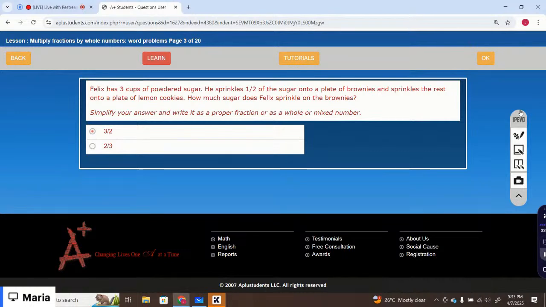That is 3 by 2. Option number one is the correct option.